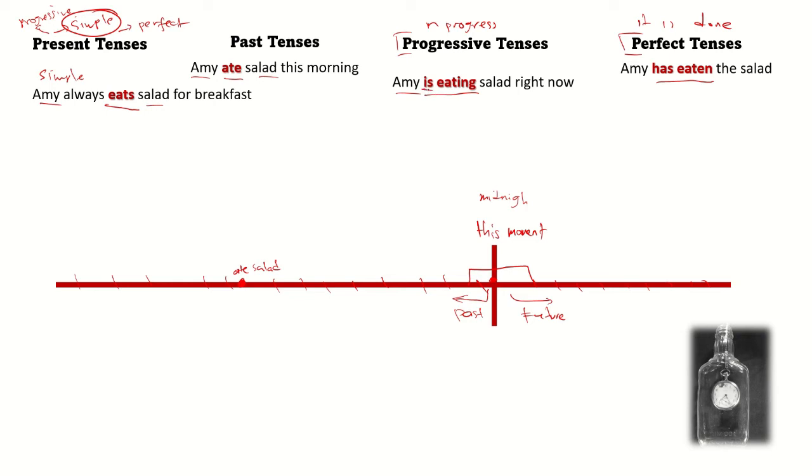So wait, let me erase this for a moment, and then we go for the perfect tenses. Basically, perfect tenses indicate that the event happened in the past, but which past? Because we already have simple past tense, right?